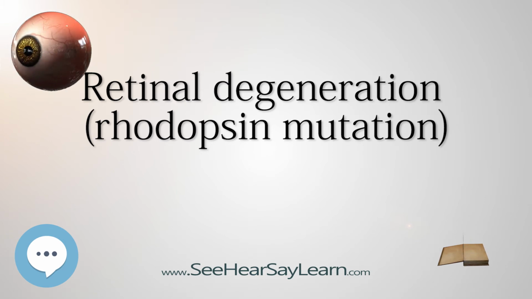Rhodopsin mutation. The human rhodopsin gene is the locus for numerous alleles linked to the neurodegenerative disease retinitis pigmentosa. Mutations in the rhodopsin gene account for 25% to 30%, 30% to 40% according to, of all cases of autosomal dominant retinitis pigmentosa, ADRP.